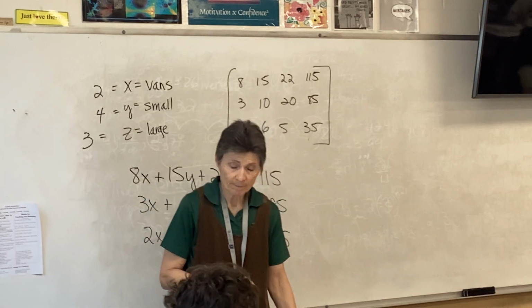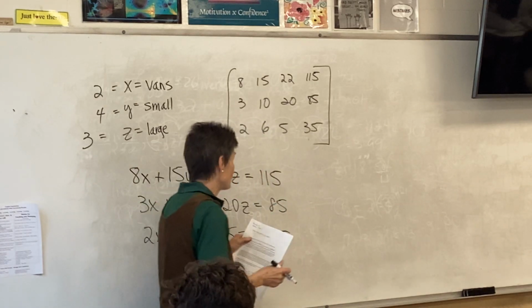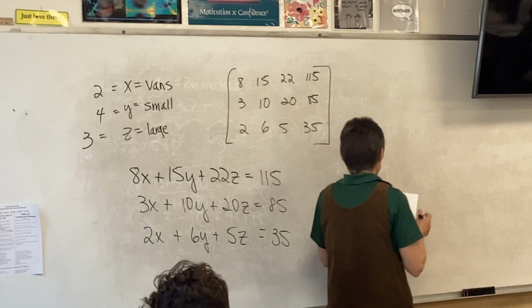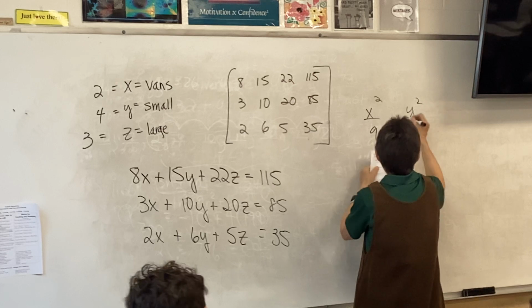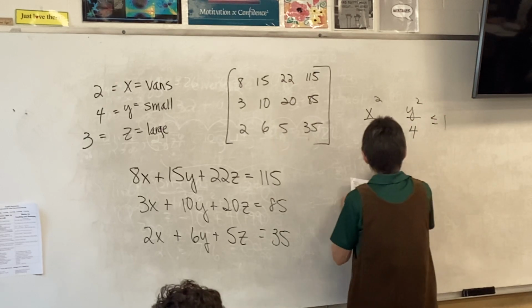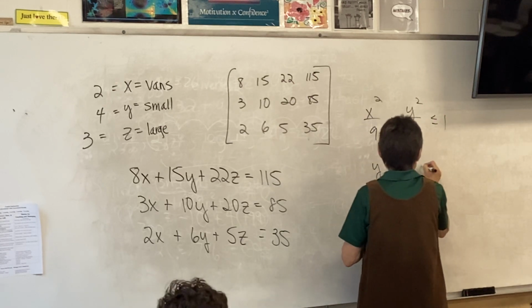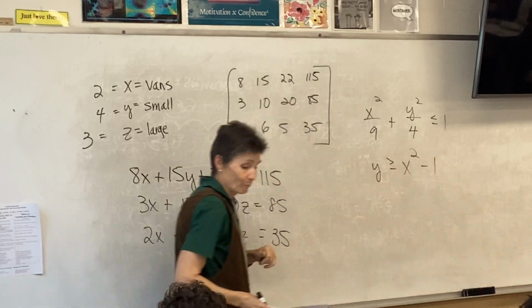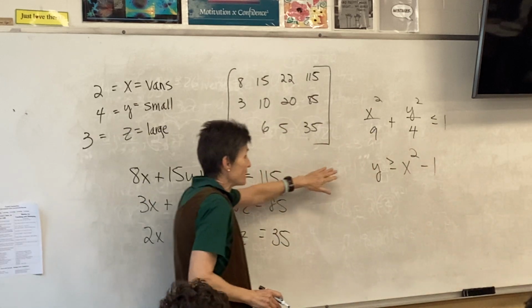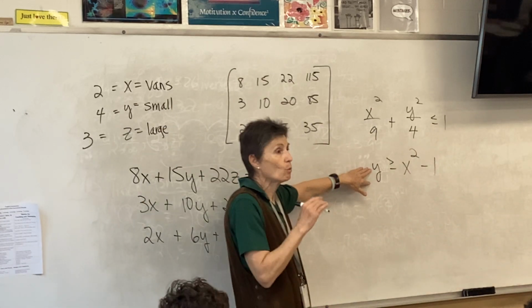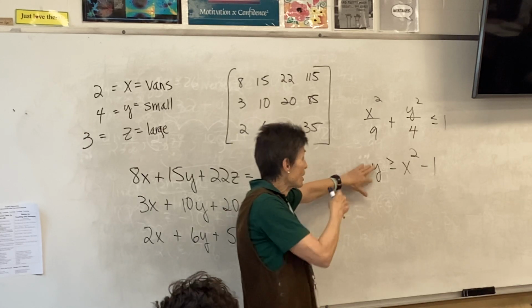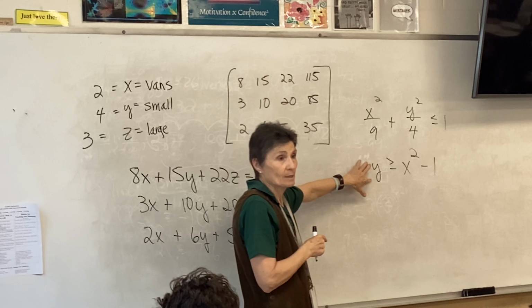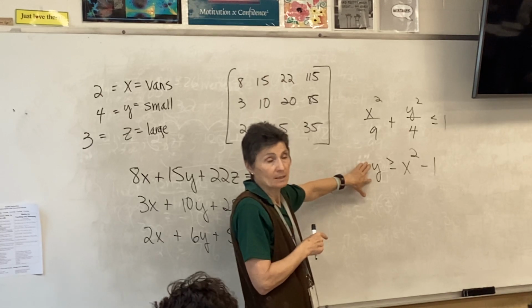On the review sheet, number 1, solve by graphing by hand. Now, this second one right here, there should be absolutely no question about what that looks like. What shape is the second one? It's a parabola.